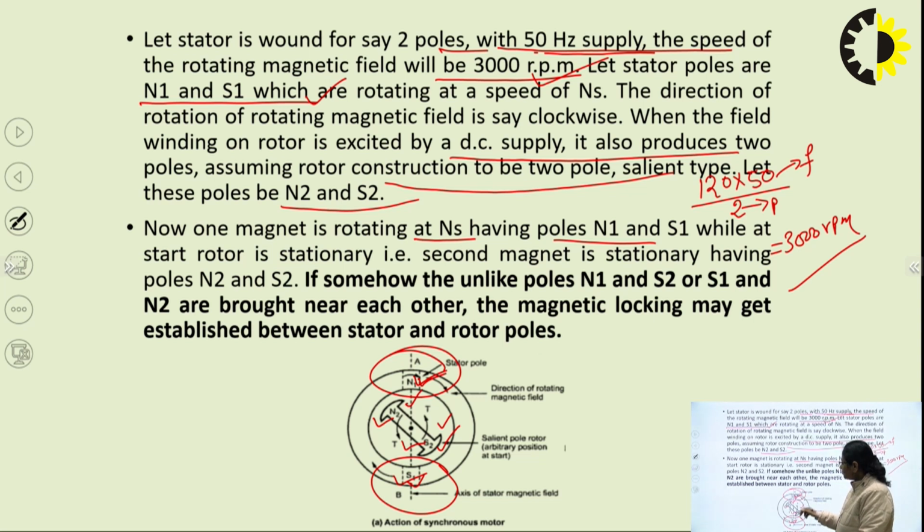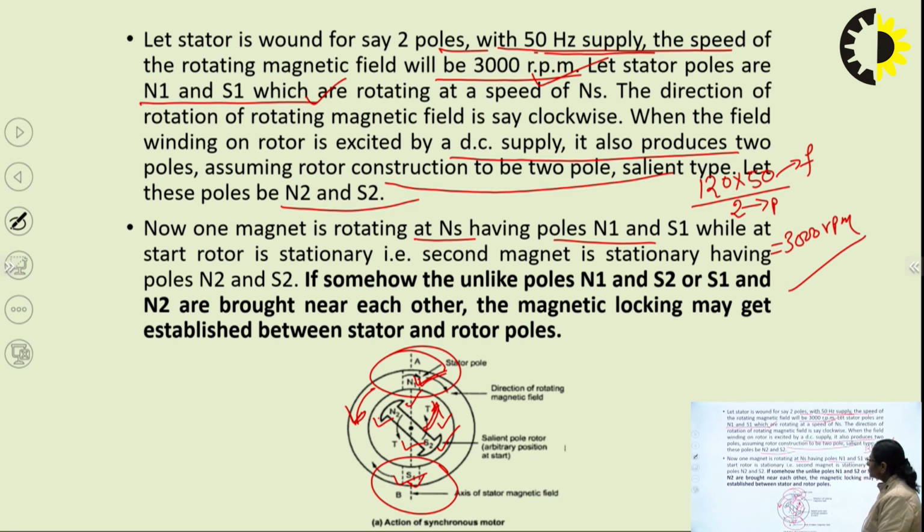As the stator poles are stationary, rotor poles are free to rotate. So the rotor will experience a torque in this particular direction because of the force of repulsion in the downward direction on this side, and because of the same force of repulsion an upward torque on this side. It will cause the rotation of the rotor in the anti-clockwise direction.